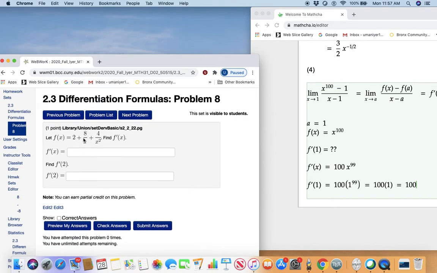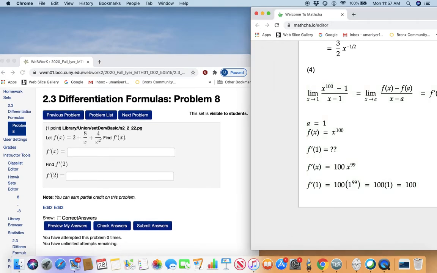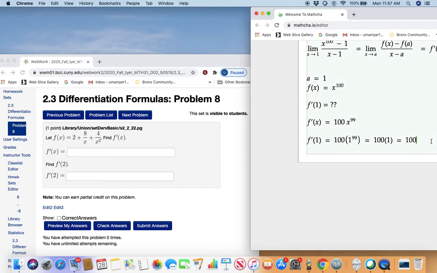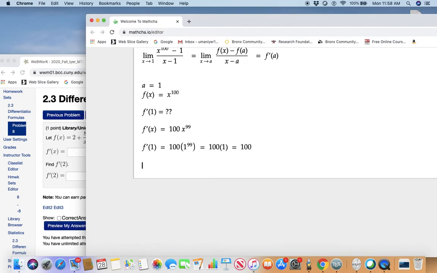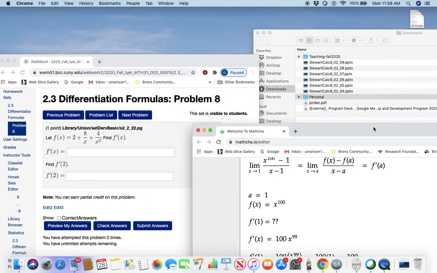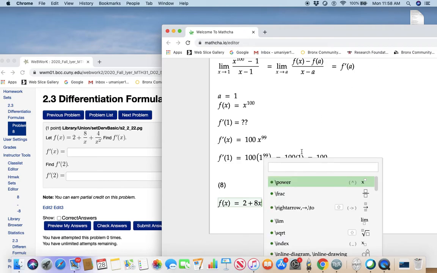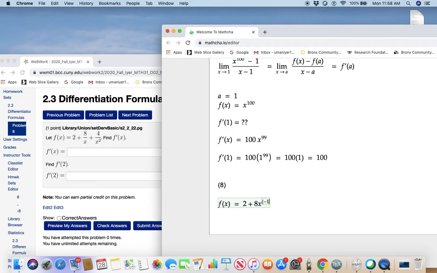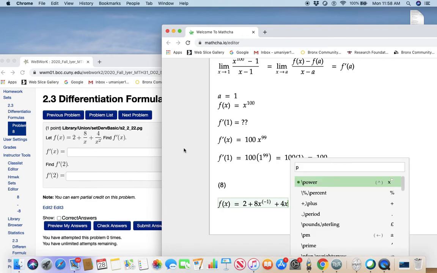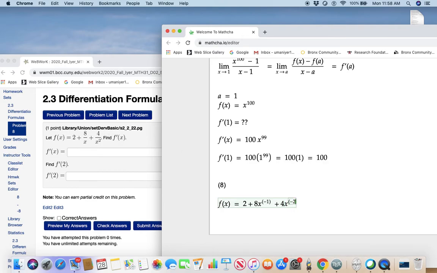All right. I can rewrite this function. Okay, so we can rewrite this function, question number 8, to be 2 plus 8x to the power -1 plus 4x to the power -2.